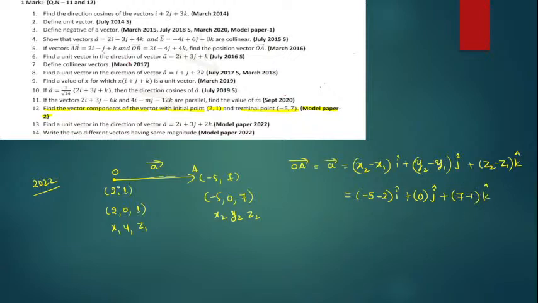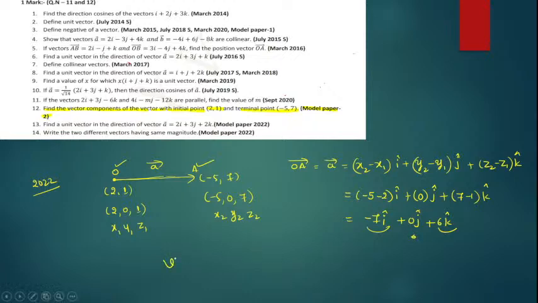Here it is important which one is the initial point and which one is the terminal point. So minus 5 minus 2 is minus 7 i cap plus 0 times j cap plus 6 times k cap, because 7 minus 1 is 6. Here the 0 times j becomes 0.